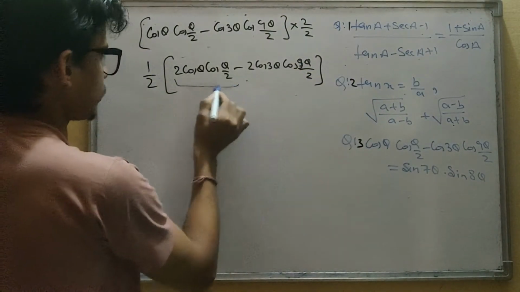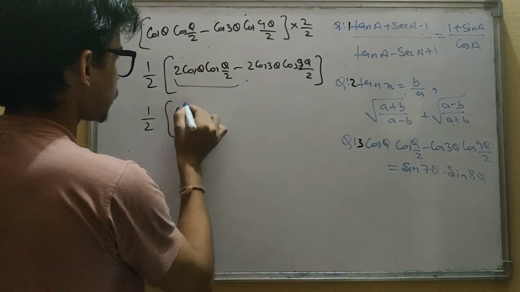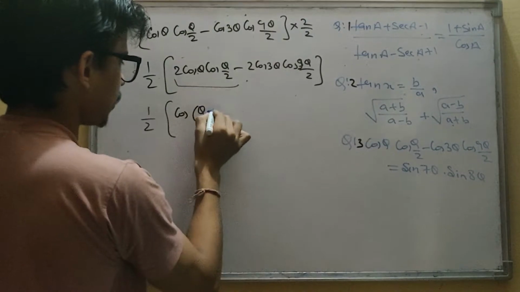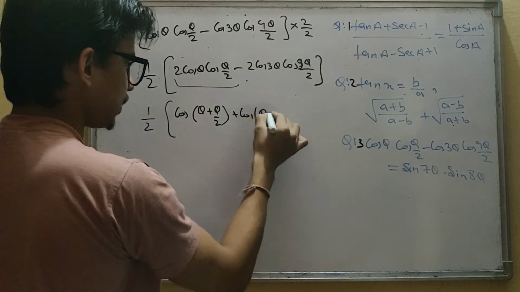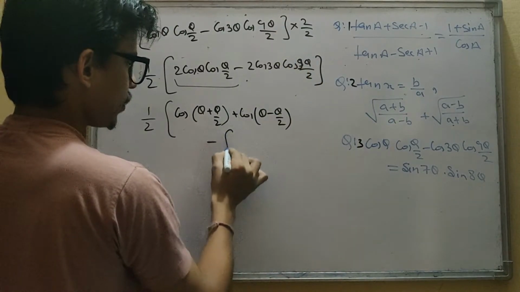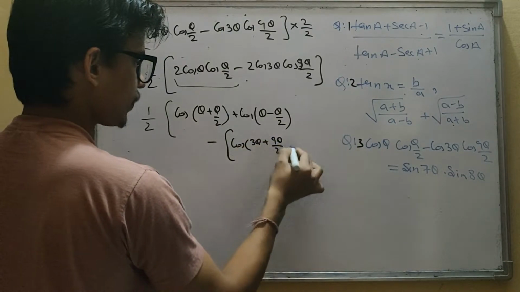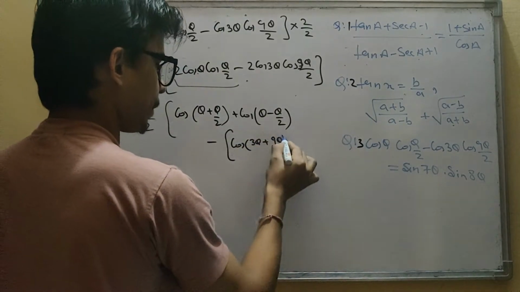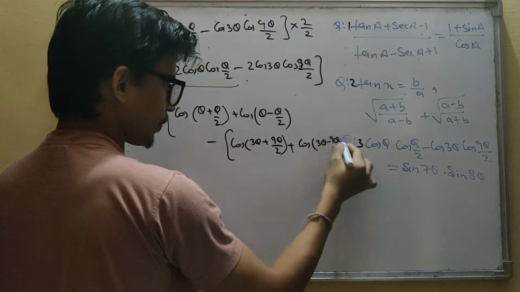Now 2 cos a cos b, you can see the formula. It is going to be cos of this plus this, theta plus theta by 2, plus cos of theta minus theta by 2, and the same thing with this also, minus cos(3 theta plus 9 theta by 2) plus cos(3 theta minus 9 theta by 2).